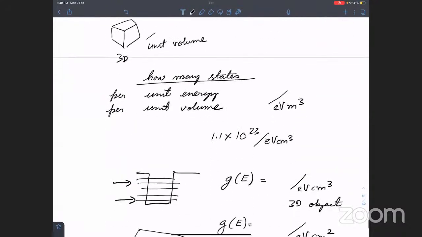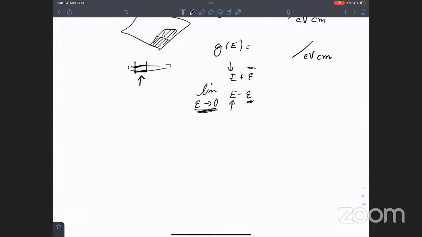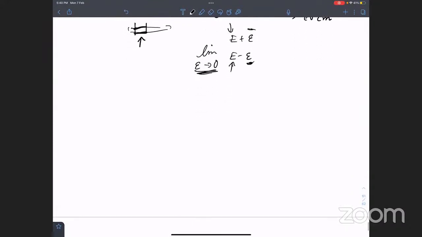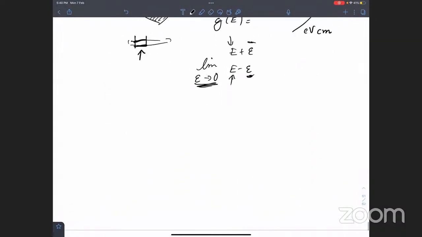Any doubts about what the meaning of density of states is? Yeah, I hope it's clear, right? It's fairly clear. What about the 0D? In 0D, what happens is, yes, good question. First of all, there is no volume for 0D, right? Because it's a point, ideally.